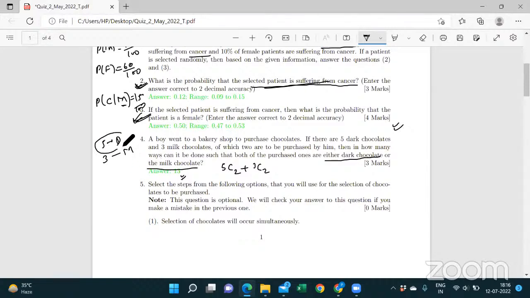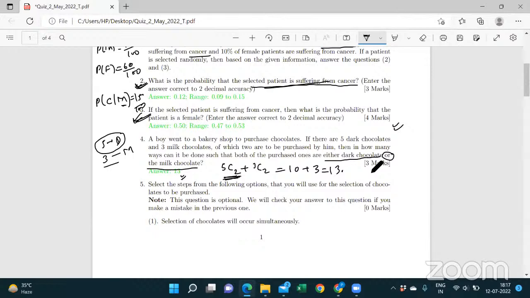Out of 5 dark chocolates, 2 can be purchased in 5C2 ways. Or there are 3 milk chocolates, so I can purchase 2 out of 3 in 3C2 ways. 5C2 is 10 plus 3C2 which is 3, so the answer is 13.